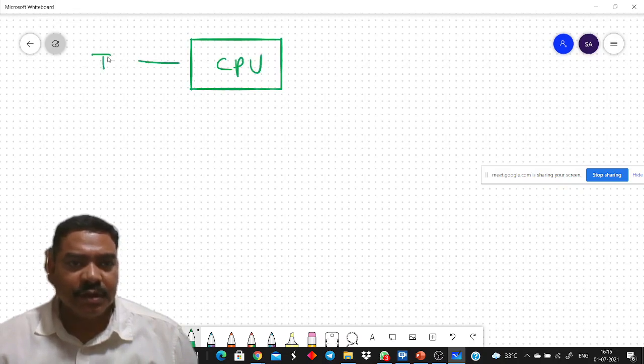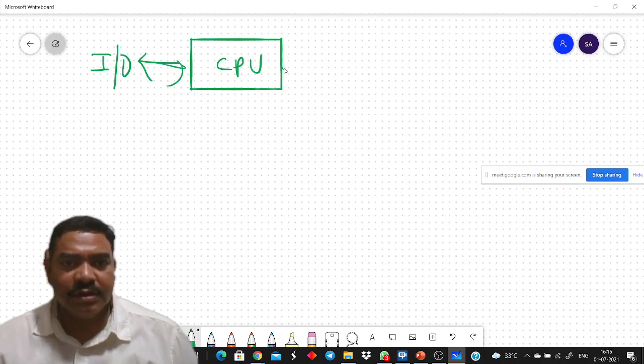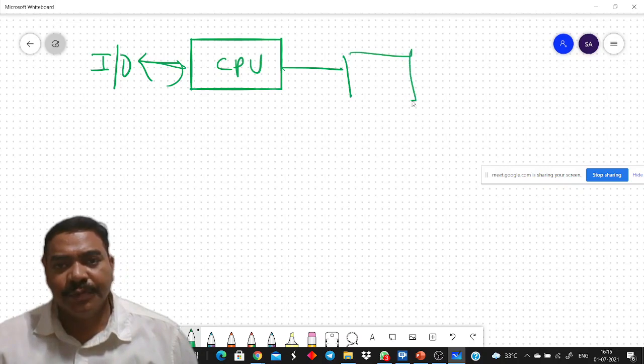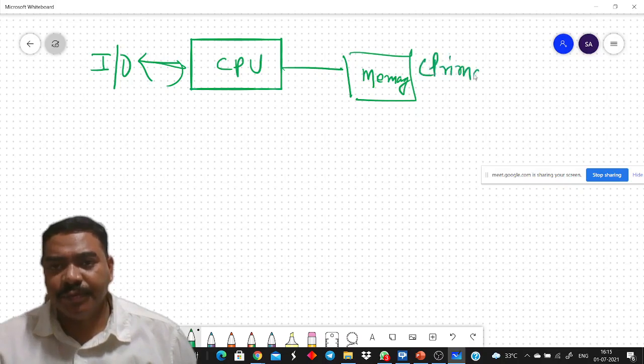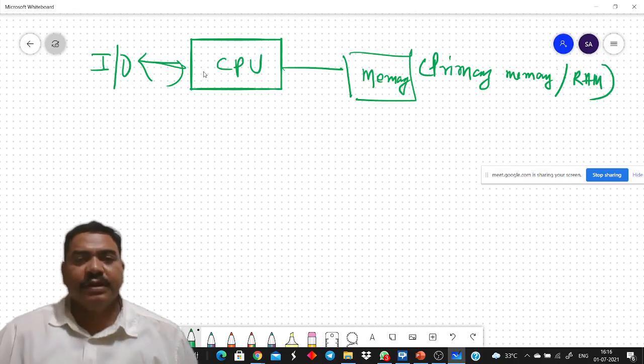This is input and output devices, and this is your memory, the primary memory, RAM.